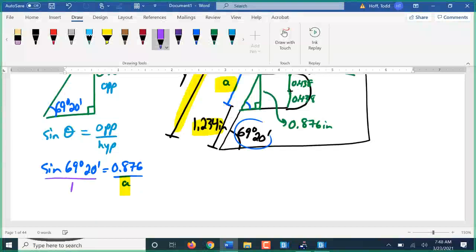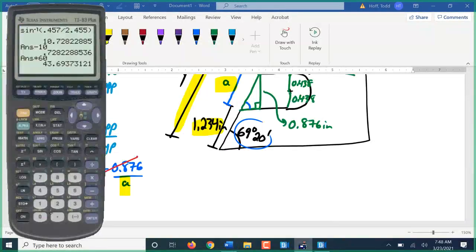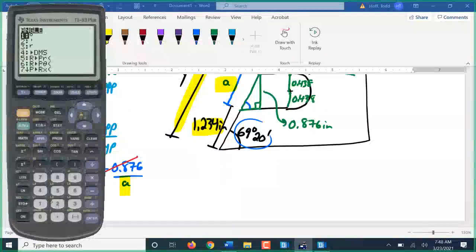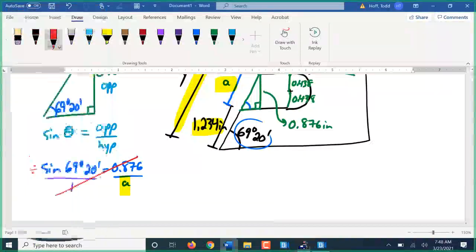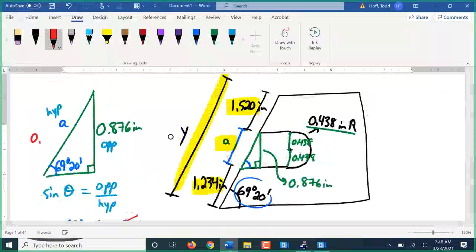So I put my trig function over 1 so that I can cross multiply and divide. So it's 1 times 0.876, which is just 0.876, divided by the sine of 69 degrees, 20 minutes. That gives me 0.936. So this here is 0.936 inches.